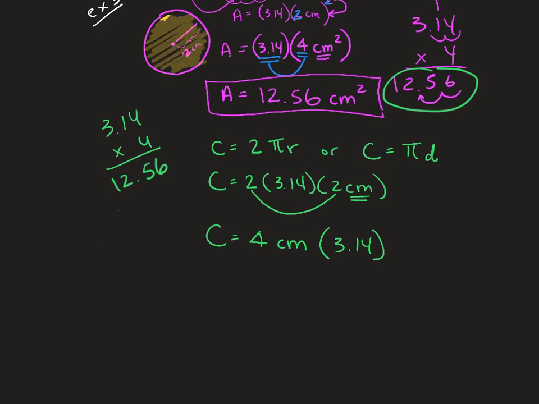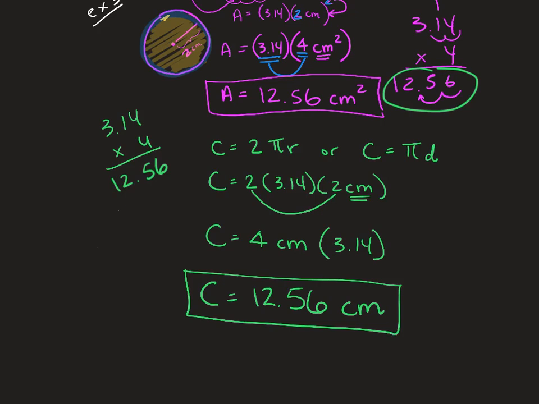And for the one we're doing now, we're solving the distance around. The number's the same, but it's a different concept. So C is equal to 12.56 centimeters. Only centimeters, not centimeters squared. Just centimeters. And that's the distance around that circle we were looking at.